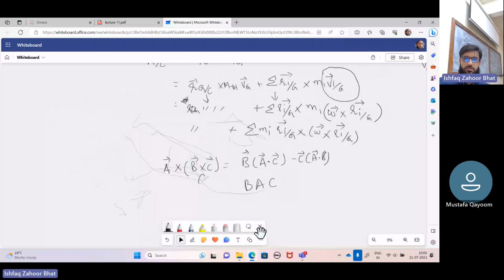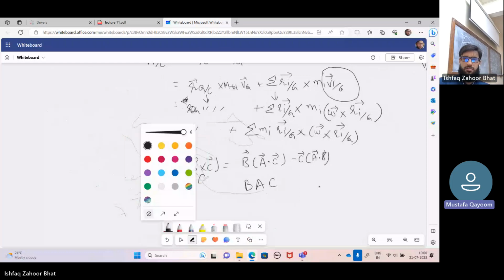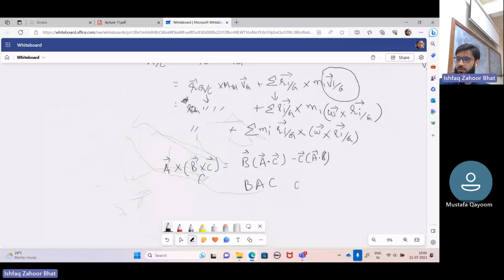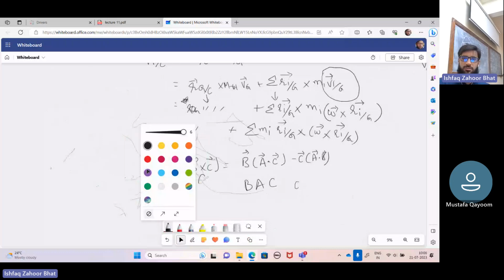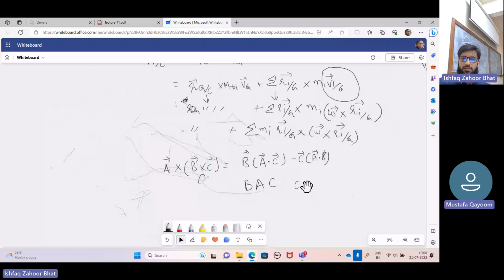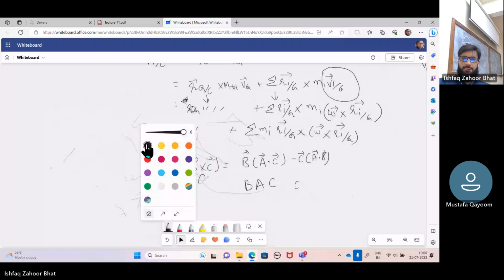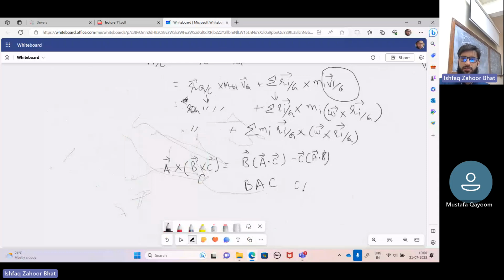I think something is wrong. Okay, let me keep it aside. So I will use cursor. Now I am not even able.